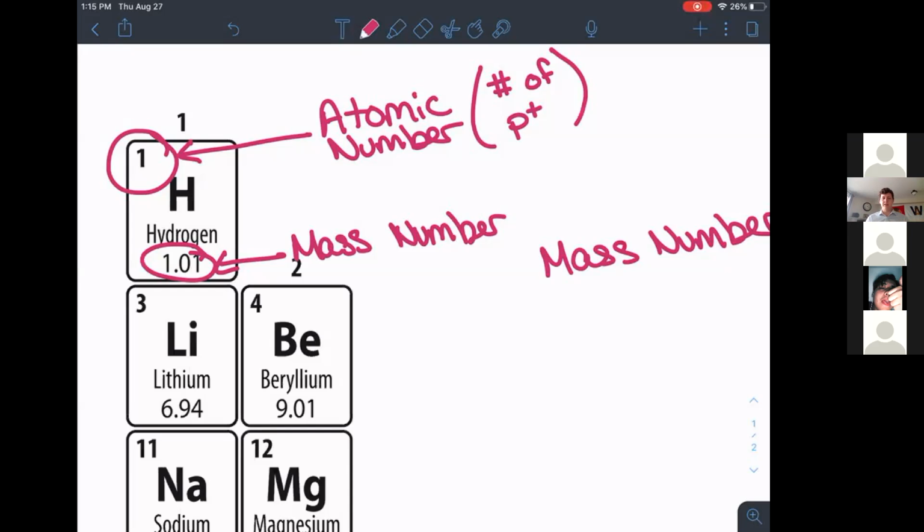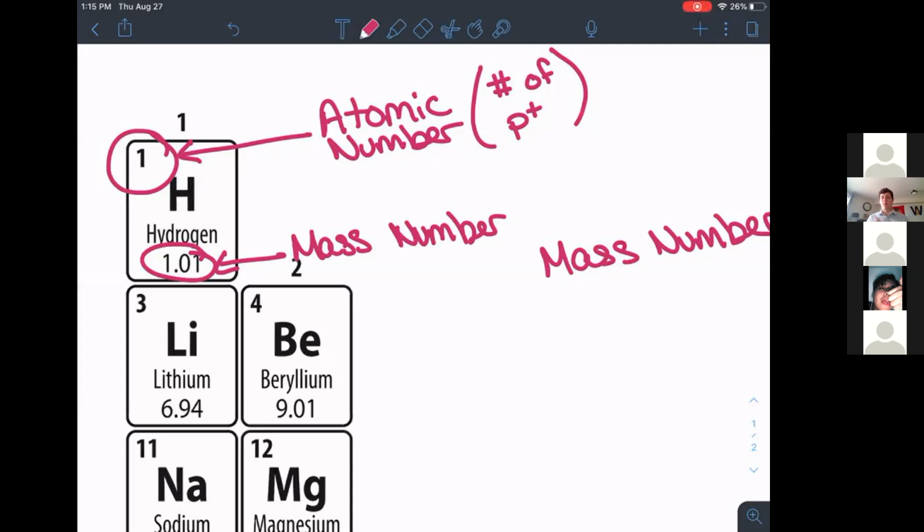But isotopes just mean that there are multiple types of hydrogen. So hydrogen on Earth, most of them are going to have 0 neutrons because they have an atomic mass or mass number of 1. Sometimes we can have more than 1 for the atomic mass or the mass number, and that's why there's that decimal point, because they take an average of all of these other masses.